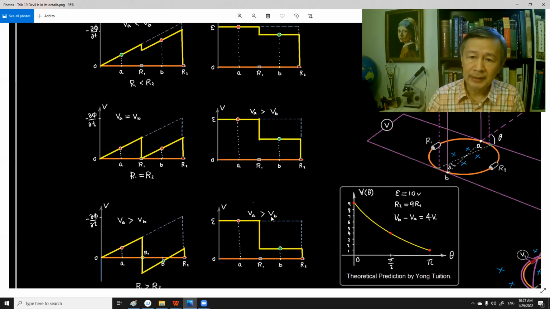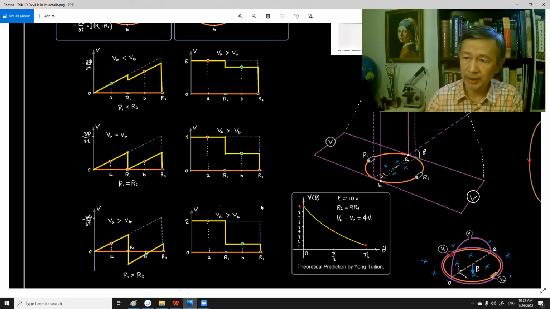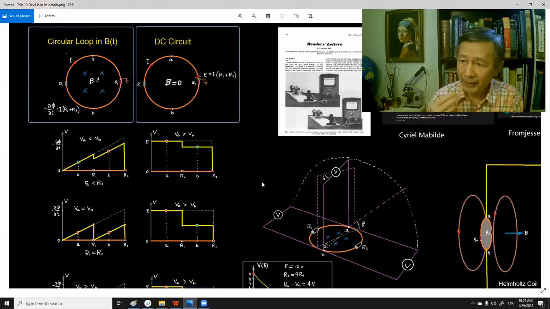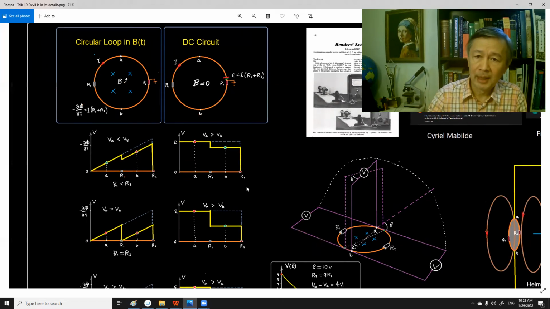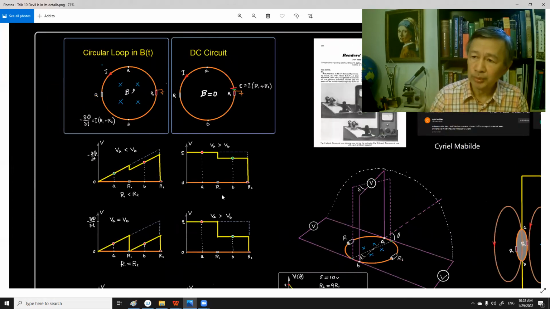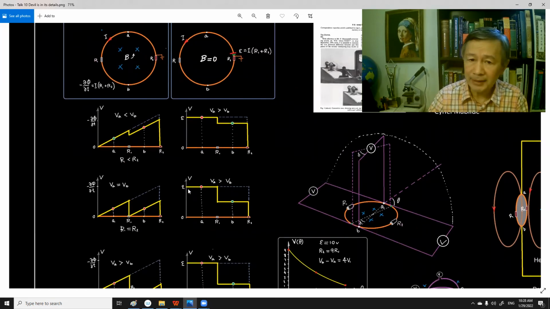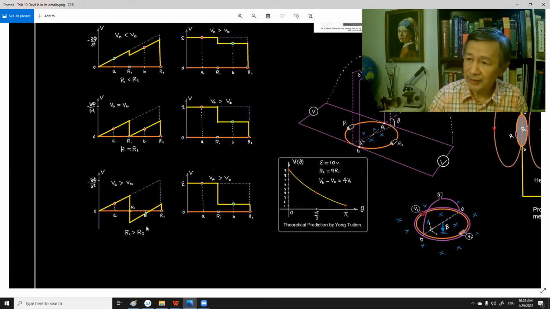In summary, if the current is driven by a single battery, then the potential at A is always higher than the potential at B. However, for the circular loop, the current is induced by the changing magnetic flux, and the potential difference between A and B can be different: smaller, equal, or even larger.